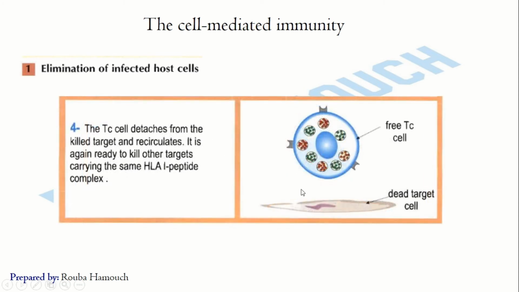And finally, when the target cell dies, the TC cell detaches from it and recirculates to kill other target cells carrying the same HLA class I peptide complex. And the dead target cell is eliminated by phagocytosis by the phagocytes, which are macrophages or neutrophils.